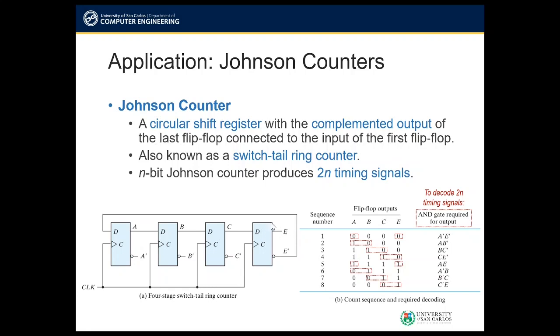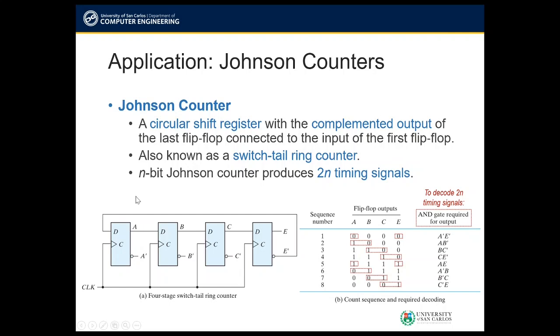We have here the normal output E. But since a Johnson counter takes the complemented output, we also have to connect the complemented output of E, which is E prime, to the shift input we have at our first flip-flop, which is DA. Now to synchronize the operations, don't forget that the clock source is the same for all the flip-flops.